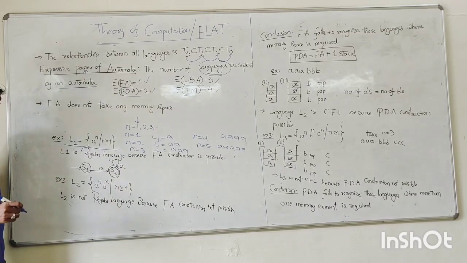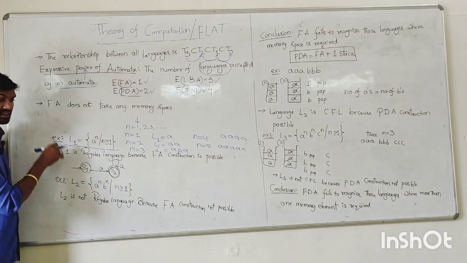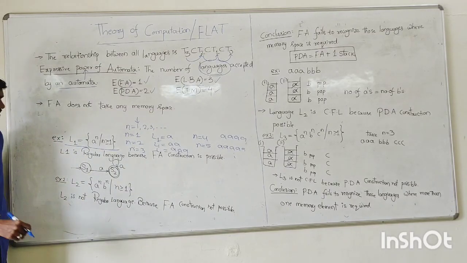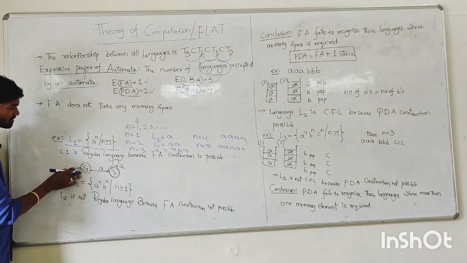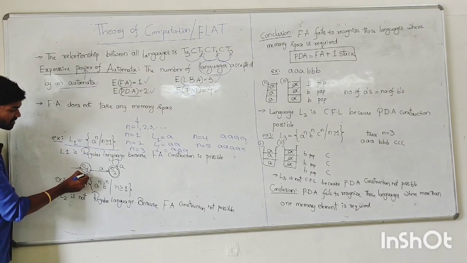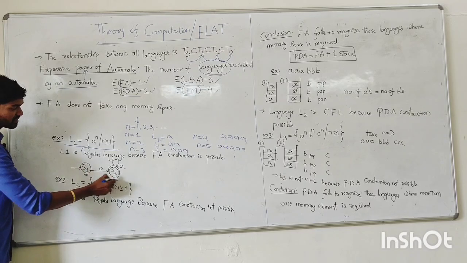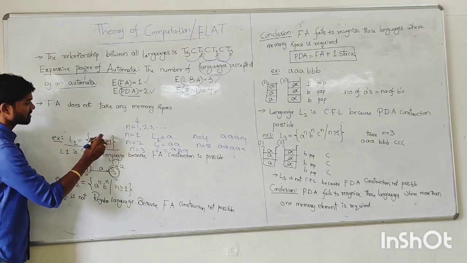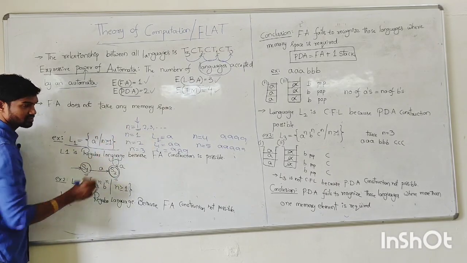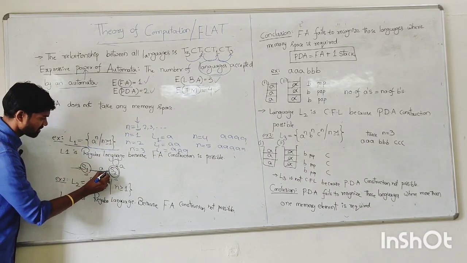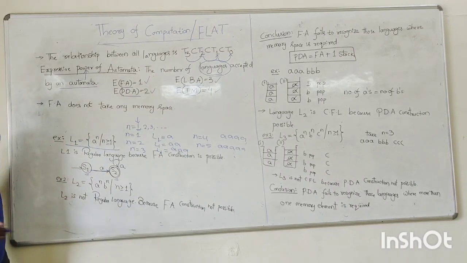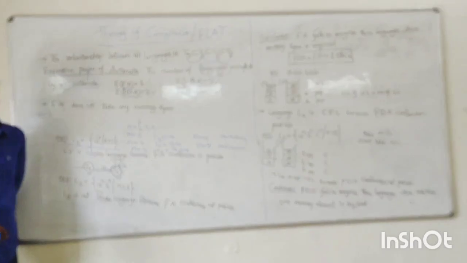Now, the question is, can we construct a finite automata for this? Yes, we can, because from the starting state, say S1, to the final state S2, we need a minimum of a single a, here n is equal to 1. If you take a single a, we reach the final state.